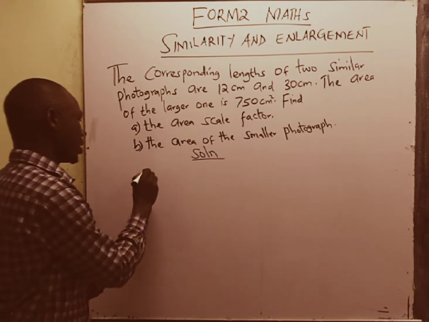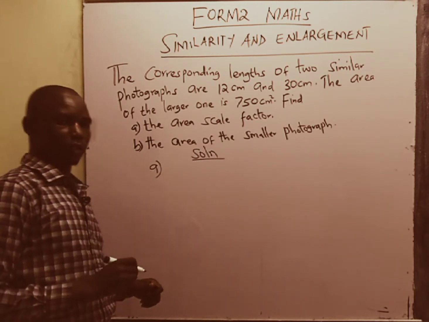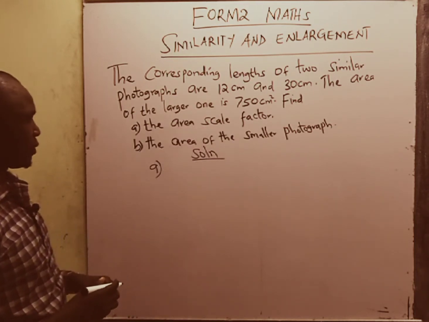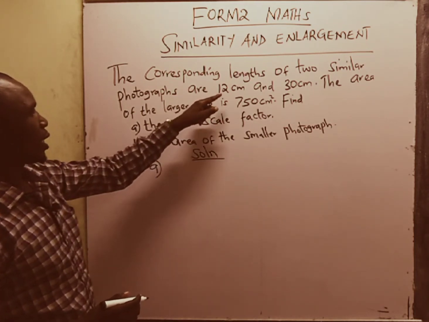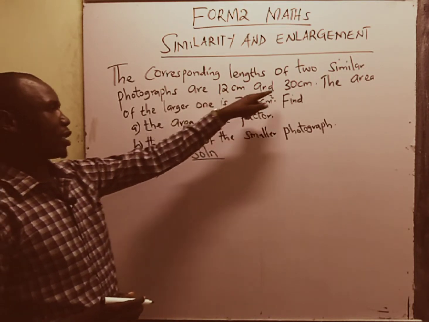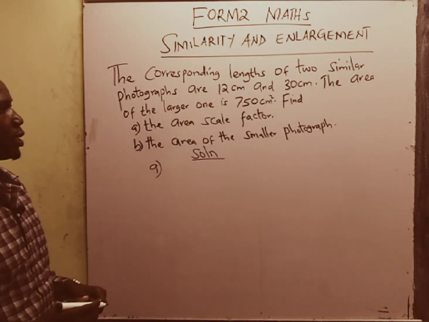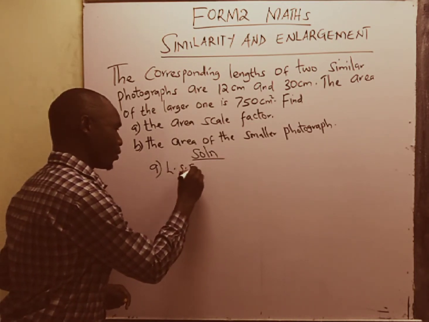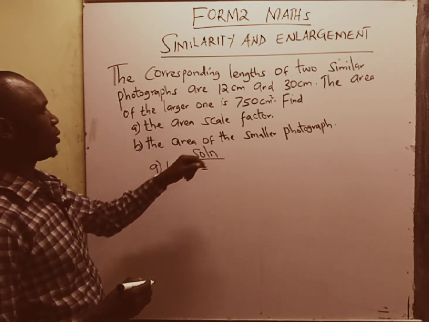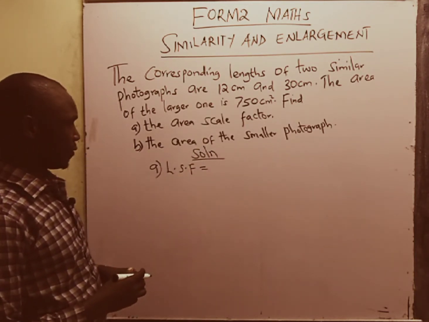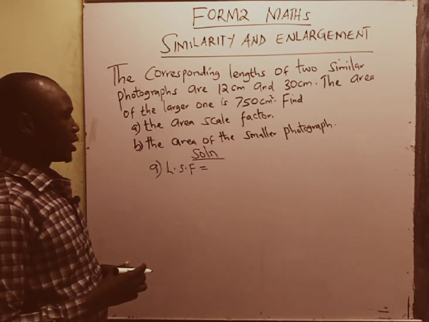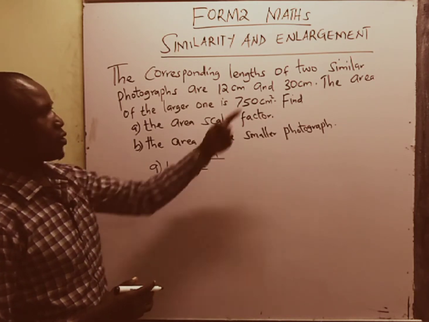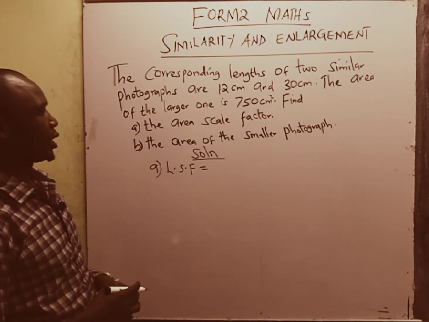We are going to begin with the first part of the question. We know the two photographs are similar, where the length of the smaller one is 12 and the length of the bigger one is 30 centimeters. So to get the linear scale factor here, you can simply take the length of the larger photograph divided by the length of the smaller photograph, or even take the length of the smaller photograph divided by the length of the larger photograph.